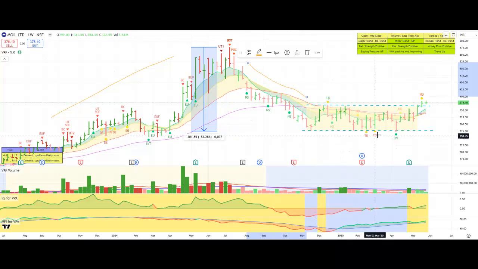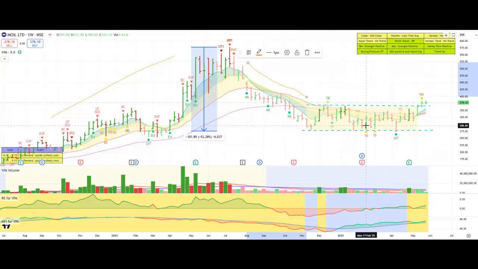Then we see a typical accumulation phase here, a typical Wyckoffian accumulation phase, or some people would call it stage 1. And you can see during this accumulation phase, the money flow had become positive, indicating people were buying into the stock.